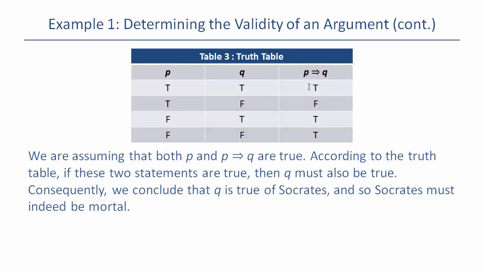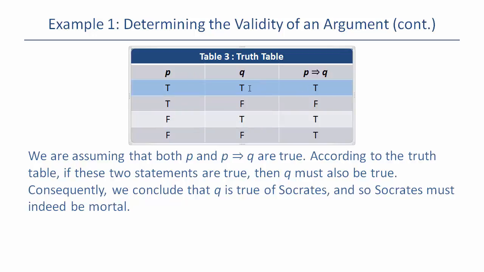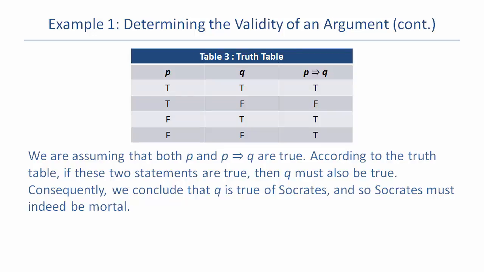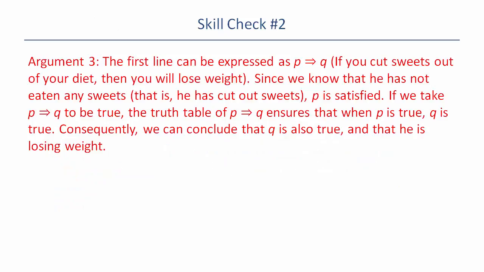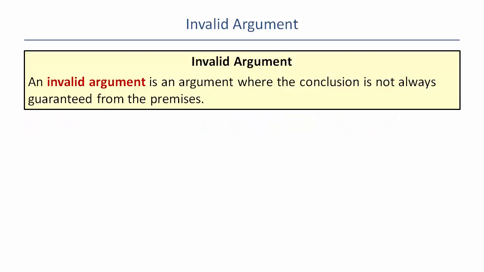P implies Q is true, so we're living only on these three rows, but then they tell us P is true, right? So out of these 3 rows, this is the only one where P is true, so we're now left with this row, which means Q has to be true, and that's why we can conclude that he's losing weight. Okay?